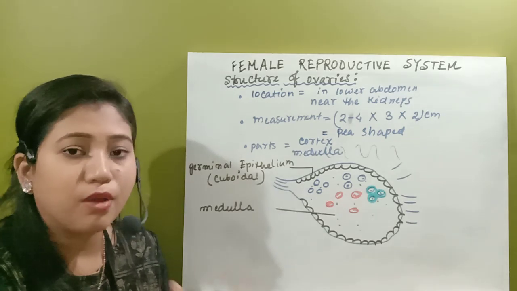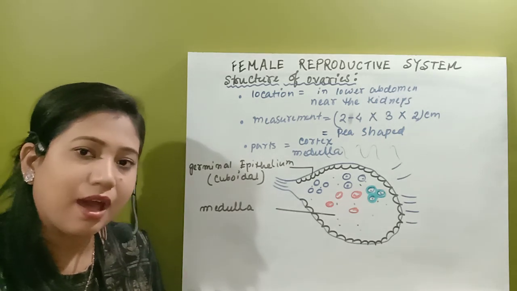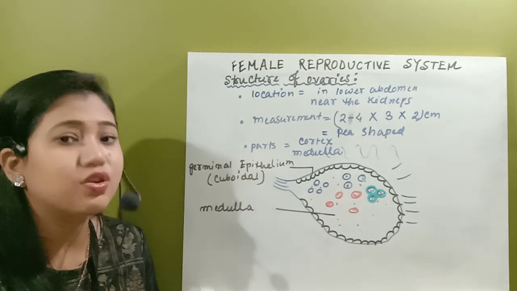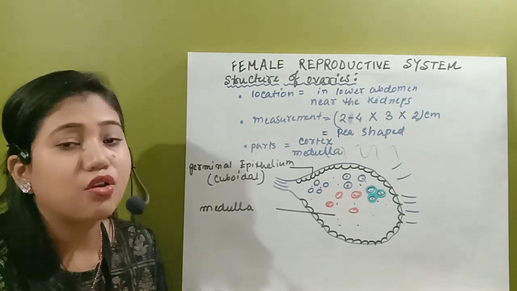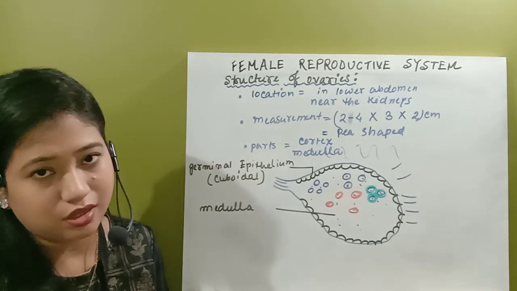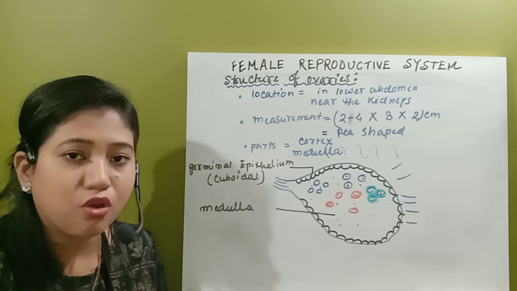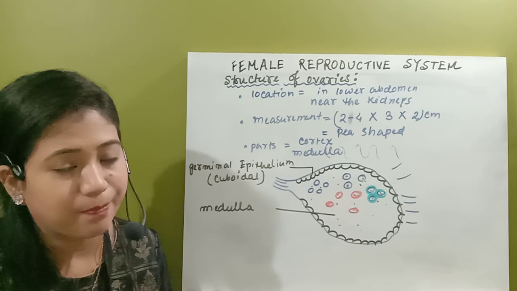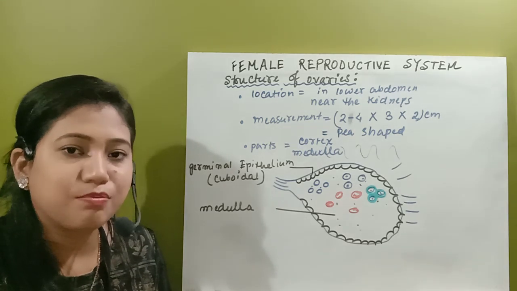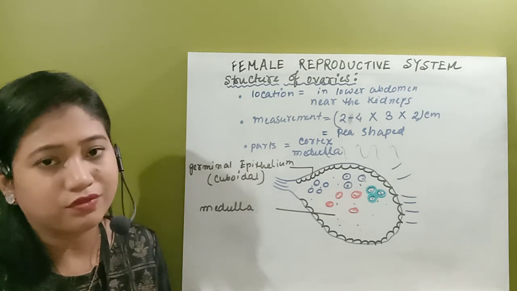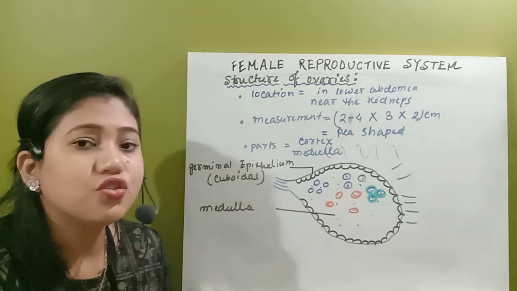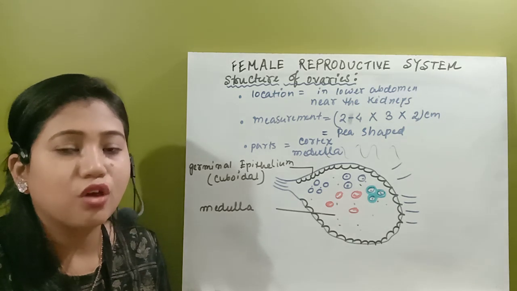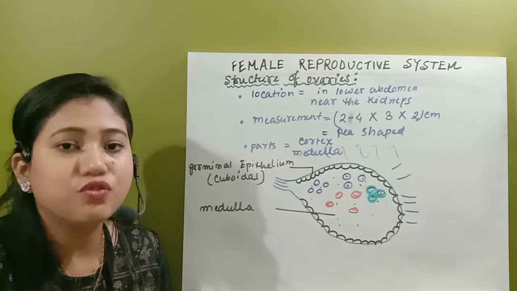And after birth up to puberty, whenever the growth process is occurring, during this period of time, a number of cells are going to degenerate, and this degeneration process of the primary follicle is known as follicular atresia. So follicular atresia is the process of degeneration of the primary follicle, so that we can restore the energy, or we do not waste the maximum of the nutrients.